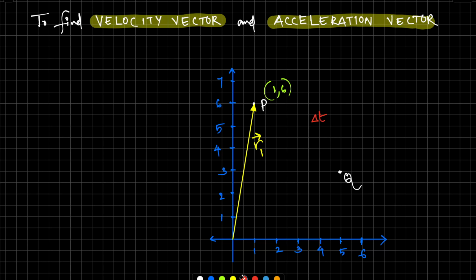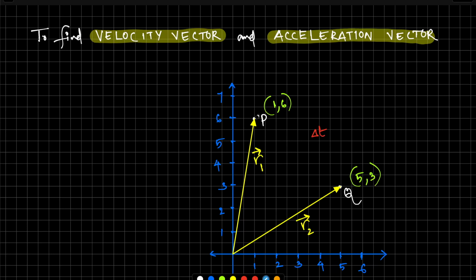So how do you draw the position vector of this object now? From the origin to point Q. That's position vector, let's call it position vector 2. So what's the new coordinate? 5 units on x-axis and 3 units on y-axis. So (5, 3). That's the coordinate of point Q.